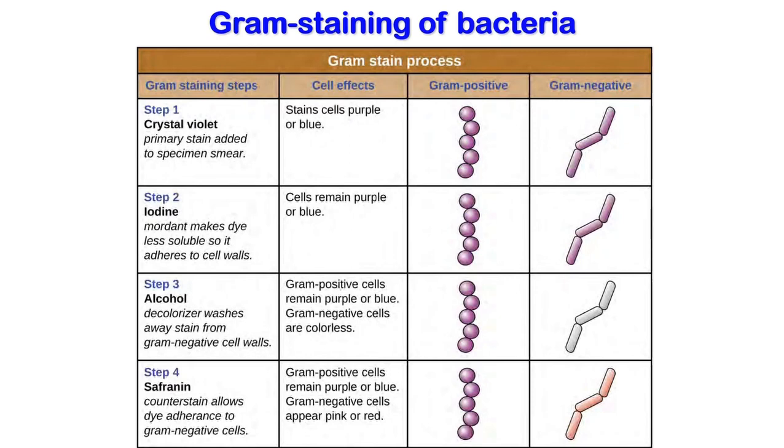And the difference in the staining between the gram-negative and gram-positive is due to the difference in the thickness of the peptidoglycan layer in the cell wall. So as we mentioned, the gram-positive cell wall has very thick layers of peptidoglycan, which resists the decolorization step in the staining, which enables the gram-positive cells to keep their purple stain, whereas the violet stain is washed out of the gram-negative bacteria due to their thinner cell walls.